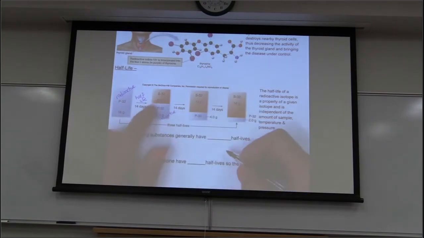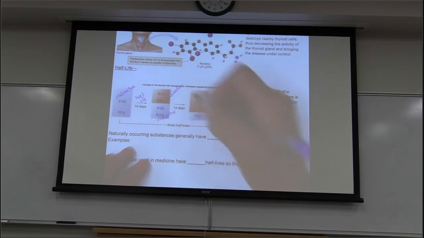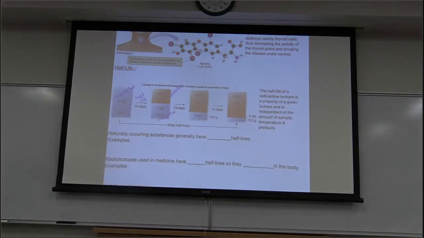But you also have 8 grams of sulfur-32, which is not radioactive. So what has happened? The radioactive decay has caused the unstable phosphorus-32 to break down to form what? Stable sulfur. Do you see that? That's what I want you to see. So we go from unstable to stable.